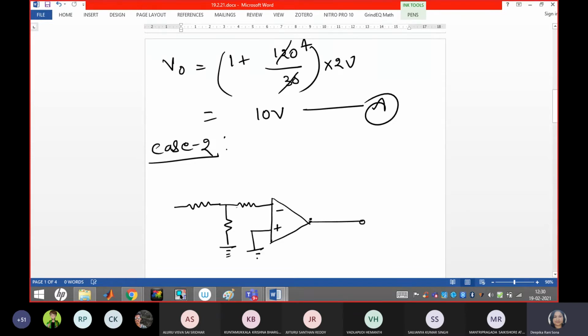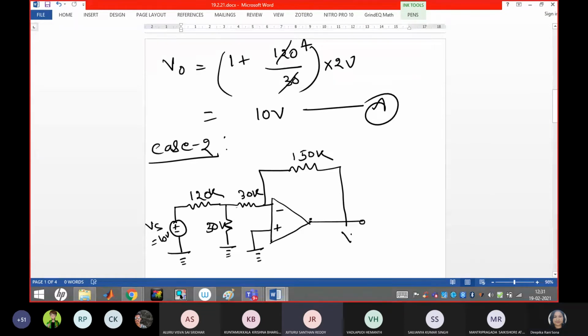This part is grounded, and here we have the source Vs. 120k, 30k, 120k, then this is also 30k, and here what is the value of R2? It was provided. R2 is how much, guys, for the new case? 150k. Good.